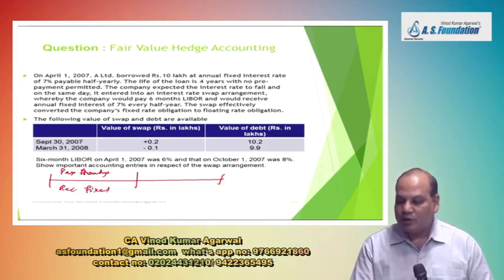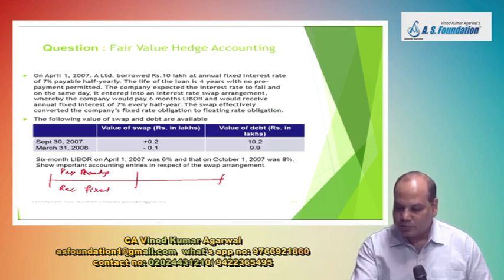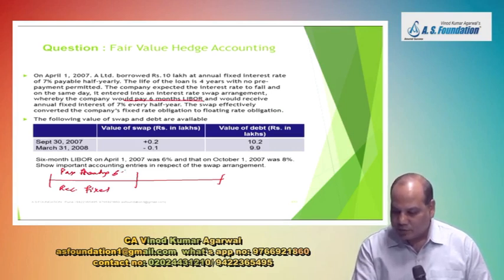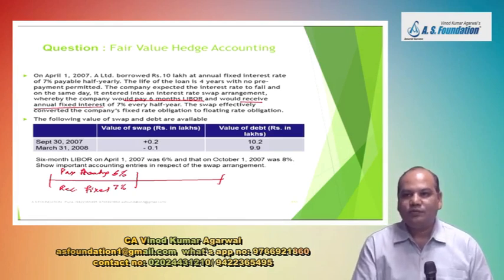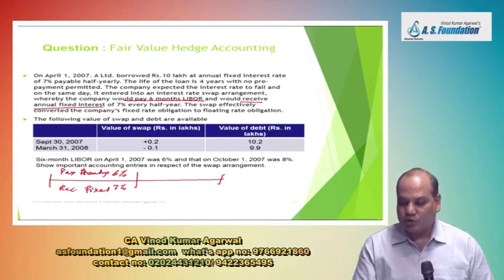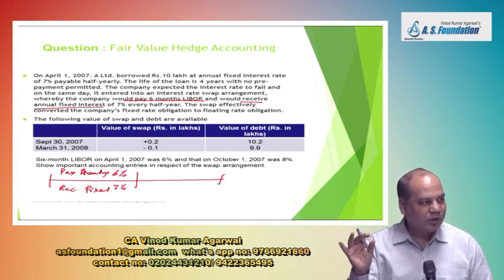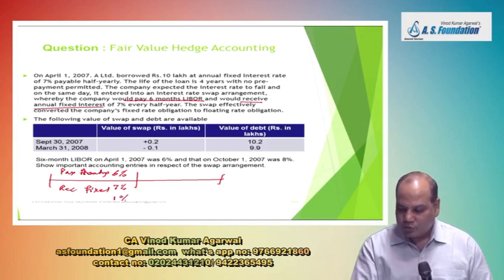What is our negotiation with this other party? We will pay 6-month LIBOR. So I will pay in the first half 6% and I will receive a fixed rate of 7%. So am I a gainer or a loser in the first half? Gainer, because we will pay floating. Floating is equal to LIBOR and LIBOR is 6%. So 1% gain in the first 6 months.